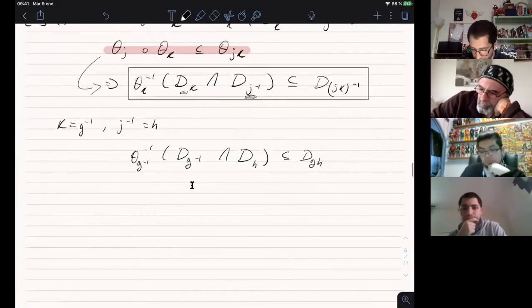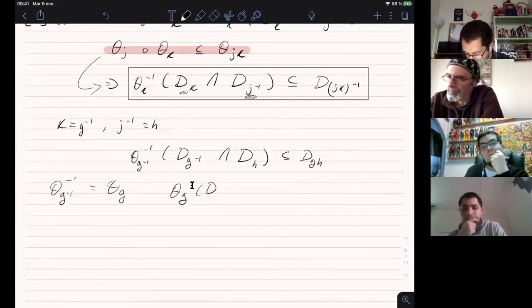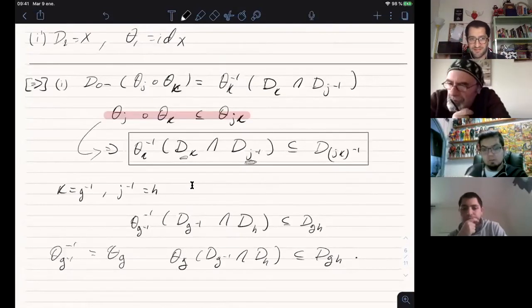But as we've seen, this thing here is going to be equal to theta g, so we have condition 1. It's just playing with the definition.